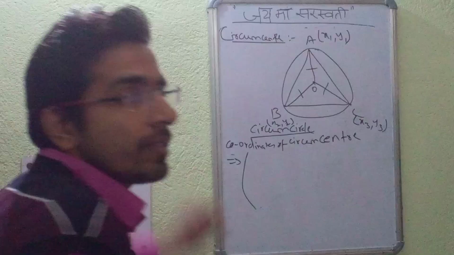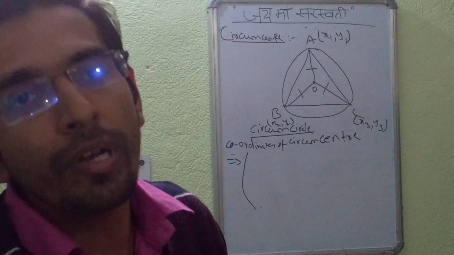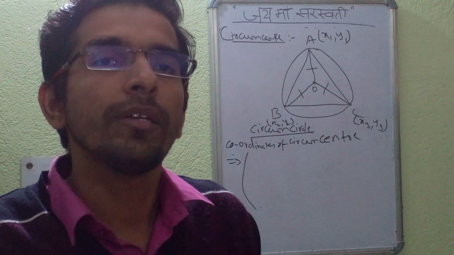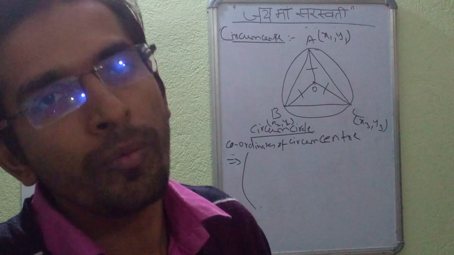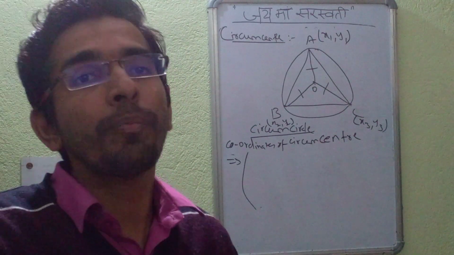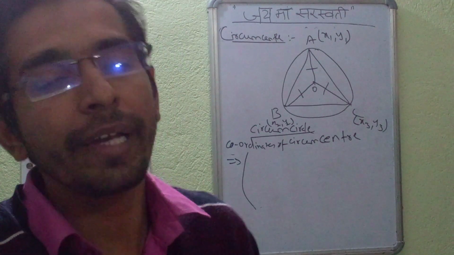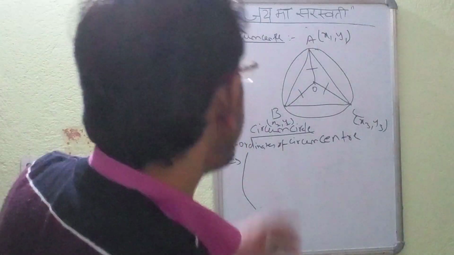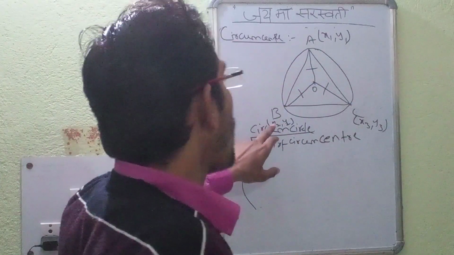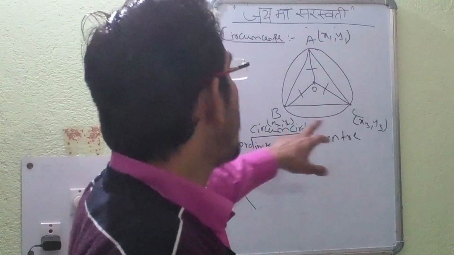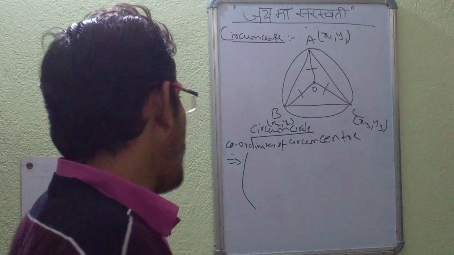The coordinates of A are the location of a particular point in the space with respect to the x-axis and y-axis.